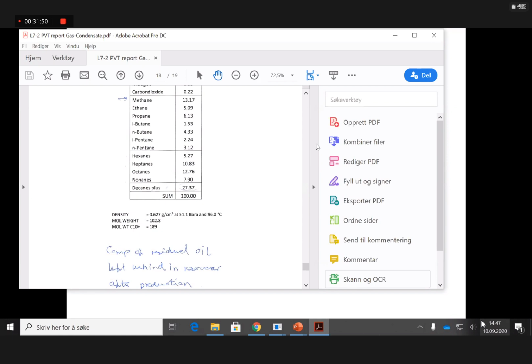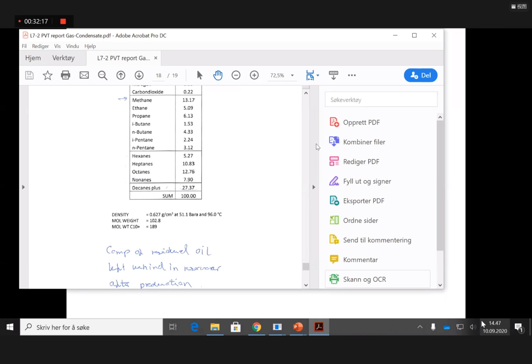And then definitely you can use PVT reports also to evaluate if the reservoir actually consists of two independent reservoir zones. Because you can see that there may be a significant difference in the composition from one part of the reservoir to another, and that there most likely is no communication between those areas.